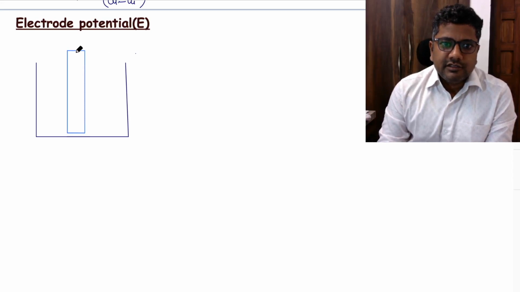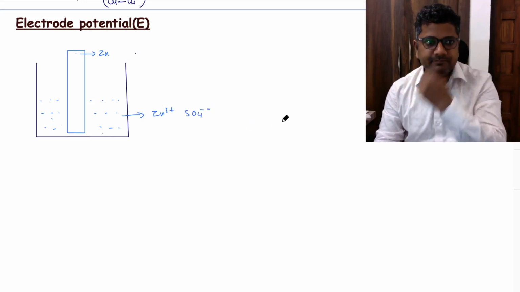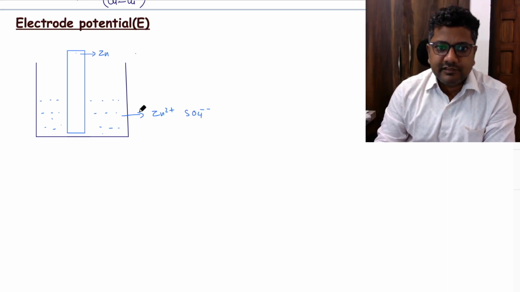So this is a zinc rod, and zinc sulfate electrolyte we have taken here. Zn2+, SO4 2-, right? Suppose that this assembly is given.